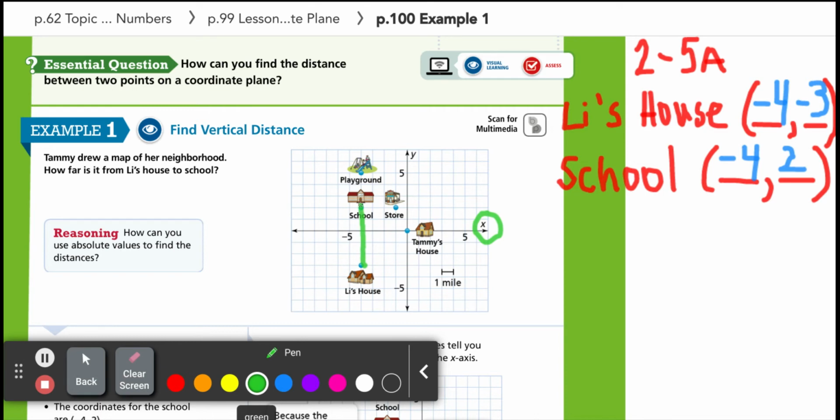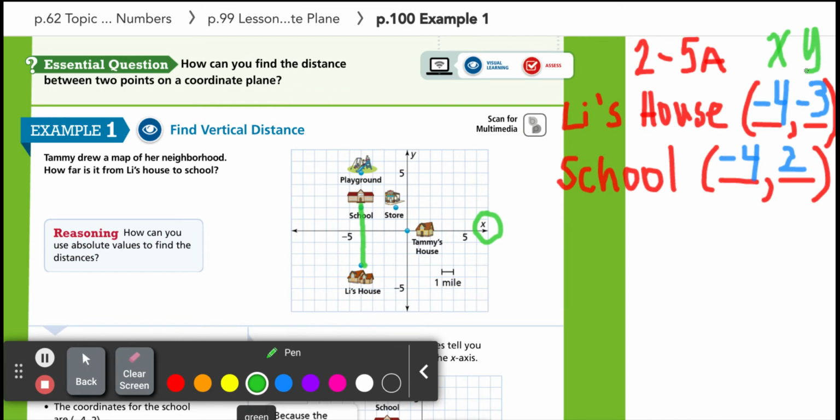Now, we also have to figure out the distance here. So we can use absolute value to help us find the distance between these 2 points. In order to find the distance between the 2 points, we're going to figure out, is it the x value or the y value that is changing?